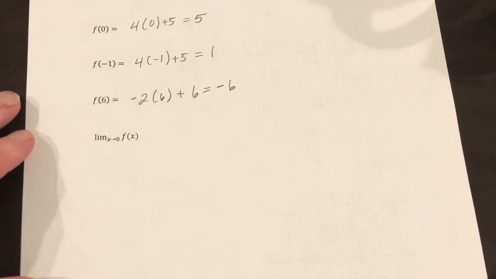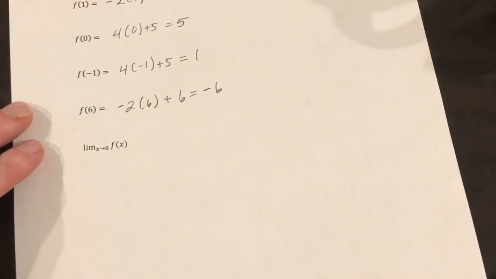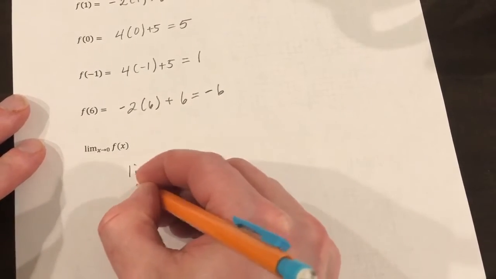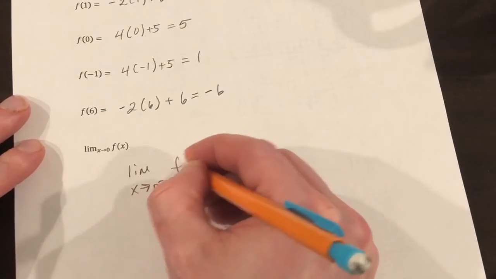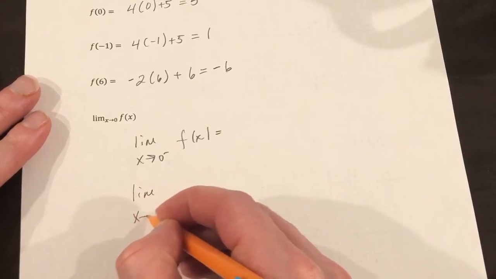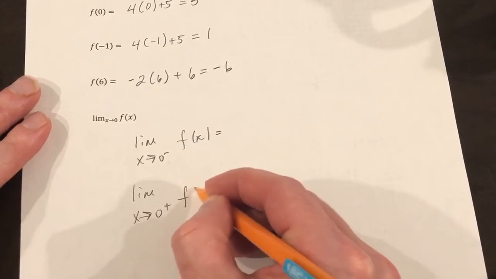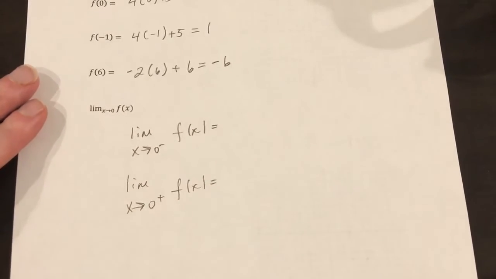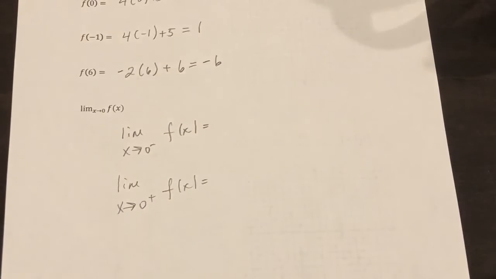Now I want to evaluate the limit as x goes to 0. So we have to do the left-hand limit and the right-hand limit. This is all in preparation to do continuity. The limit as x goes to 0 from the negative side is always going to be the left-hand branch.